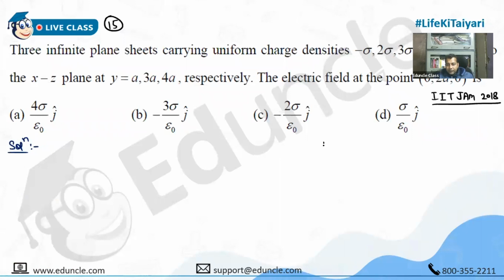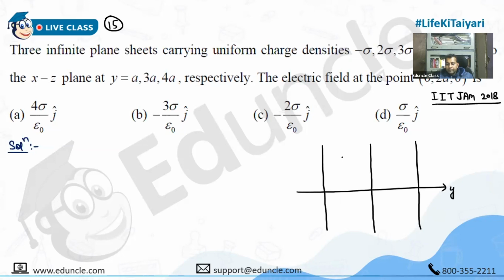Let me make the diagram first for this. So this is the point P where we need to find. Yes, Durga, Rita, Abe.